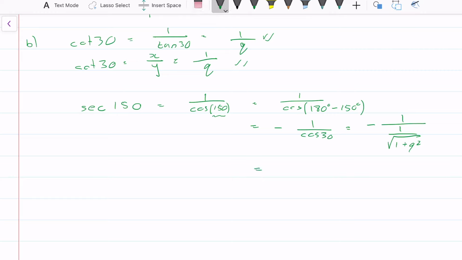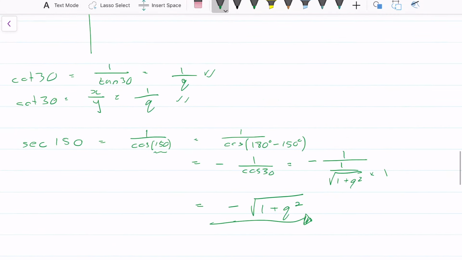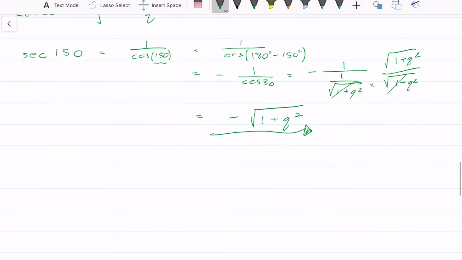Rather, if we multiply it, we get minus the square root of 1 plus q squared. There we go. That is the right answer. Just make sure you do that correctly. We're multiplying by the square root of 1 plus q squared over the square root of 1 plus q squared to get rid of this denominator. This cancels, becomes 1, and then we just have the top.